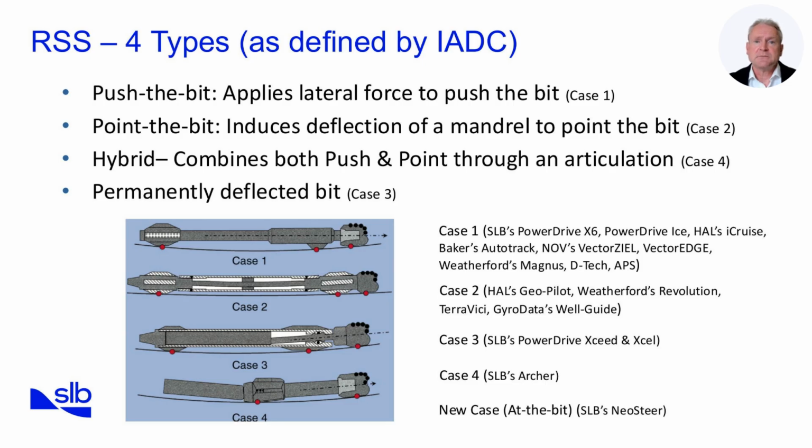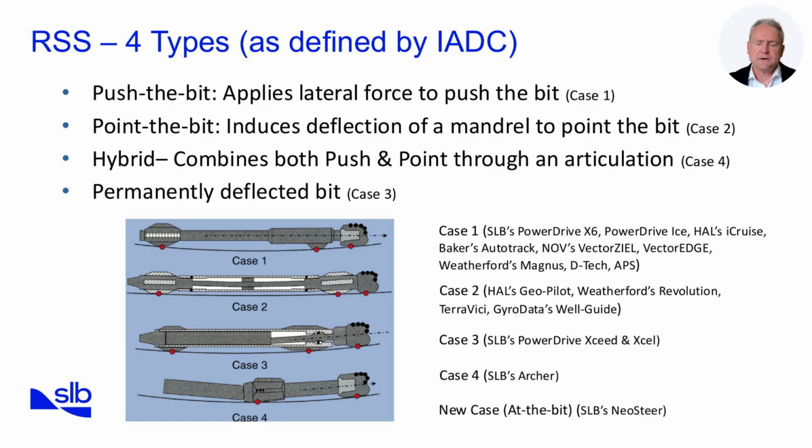Examples are SLB's PowerDrive X6, Halliburton's iCruise, Baker's AutoTrack, NOV's Vector Edge, and Weatherford's Magnus, to name a few. This is a common type. Many of the push-bit systems on the market today have very similar methods of operation to SLB's PowerDrive. Because the pad applies a constant force, the tool changes the amount of dogleg by varying the amount of time in steering mode versus neutral mode.